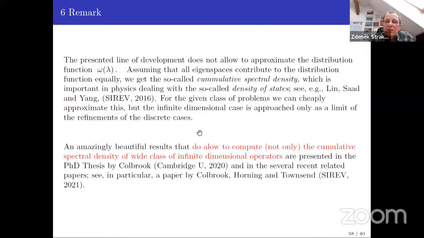I think the work that Matt and Alex and Honing did, and which is present in the PhD thesis of Matt, beautiful, beautiful work, allows us to address not only the cumulative spectral density, but also the spectral measure. Which really is a fantastic result, which combines a beautiful theorem from functional analysis with a really very clever approach to computation.